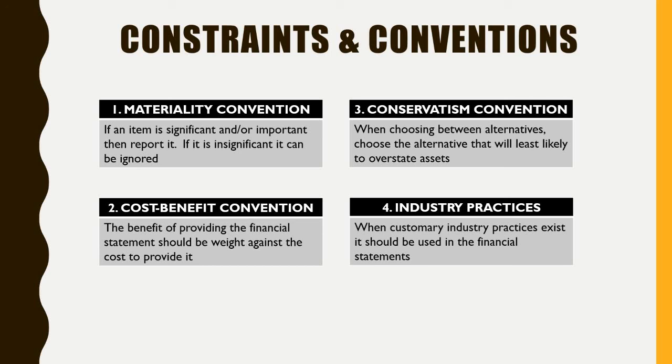Now, the conservatism concept kind of falls along the same lines as cost benefit, right? It's actually saying out of the two choices that you've made, the alternative that you're going to choose is going to least likely overstate or understate your assets.